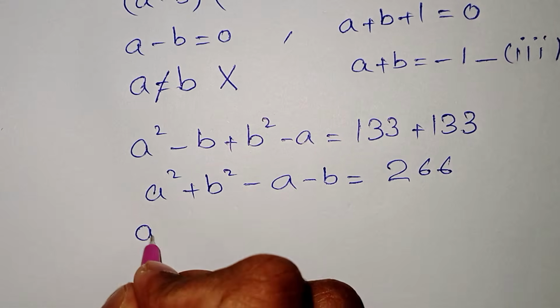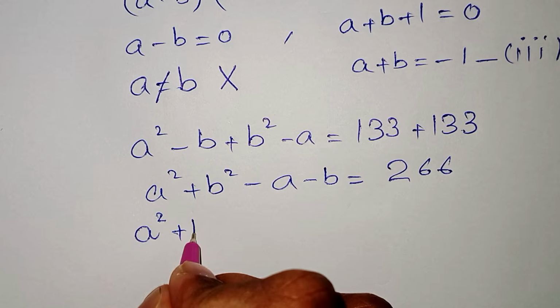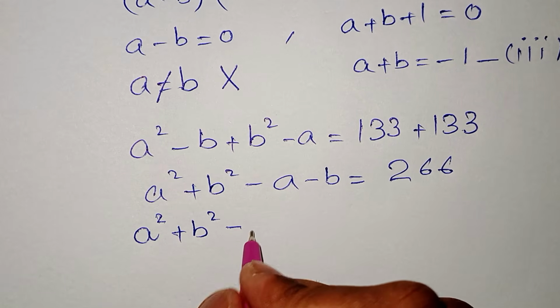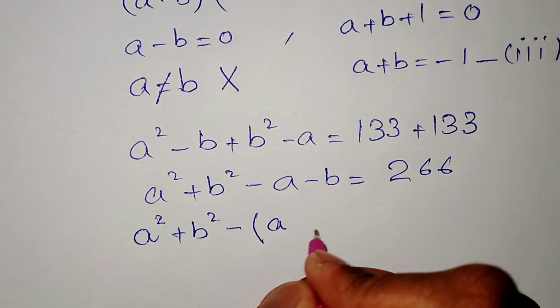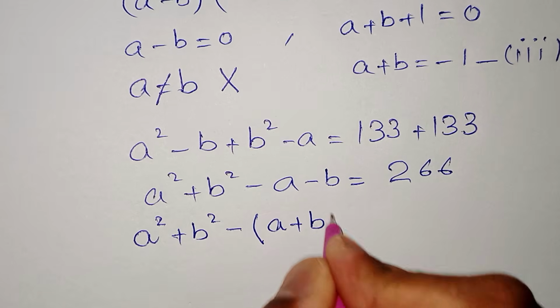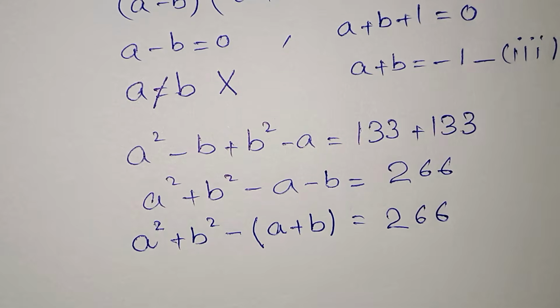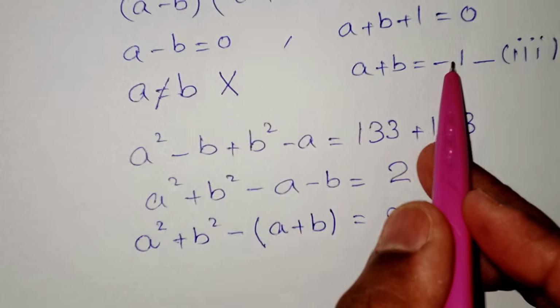We write this as a² + b² − (a + b) = 266. We know that a + b is equal to −1.